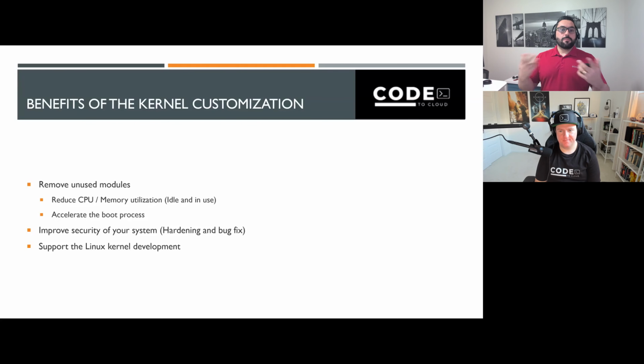You are not expecting to recompile a kernel to add a mouse. So the module is there and it's ready to go. But because that module is there, it's consuming some CPU and some memory in the background. And when we talk about containers and return on investment, we need to make your environment as performant as possible. So the first thing that we do is remove unused modules.